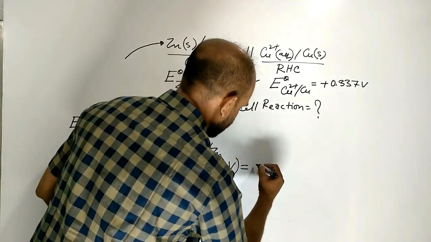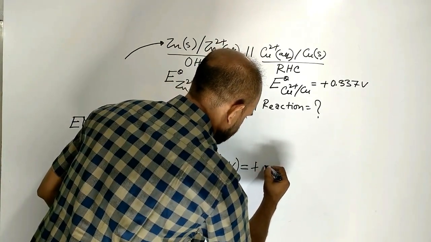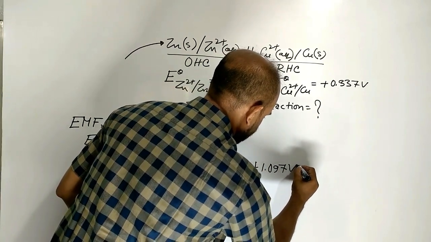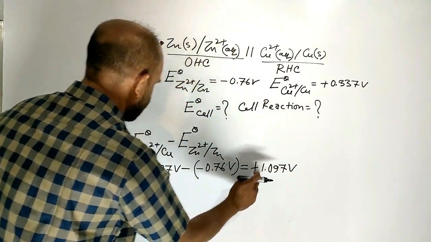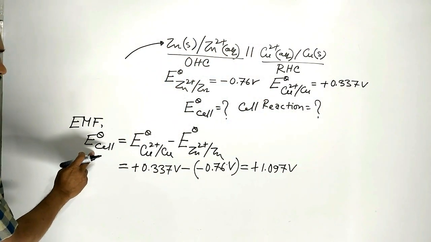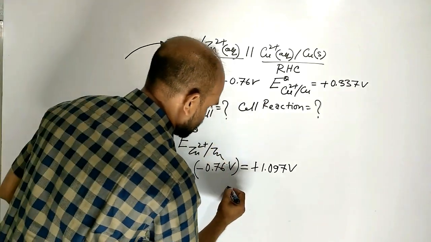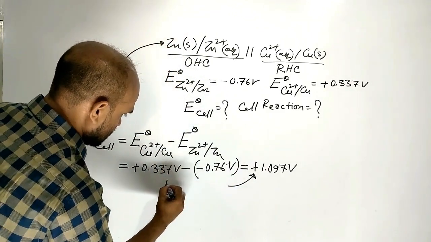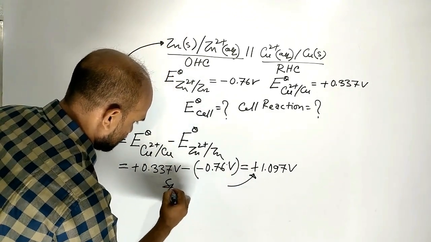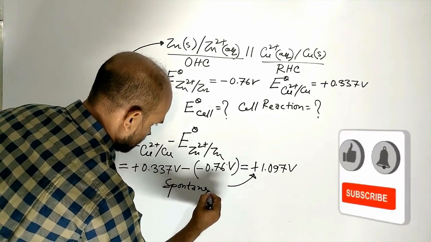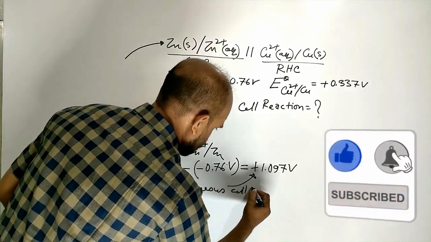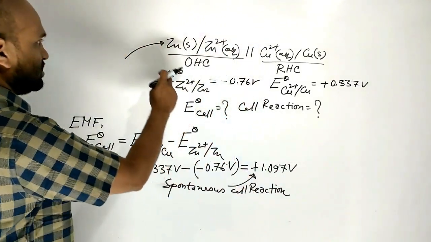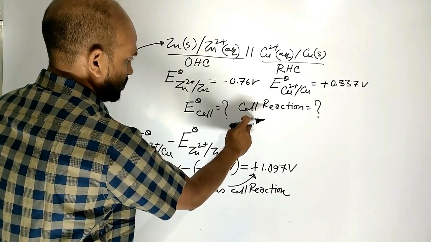This equals plus 1.097 volt. The value of E cell, the electromotive force of this cell, is positive. This positive value indicates a spontaneous cell reaction. That is, here the cell reaction is possible.